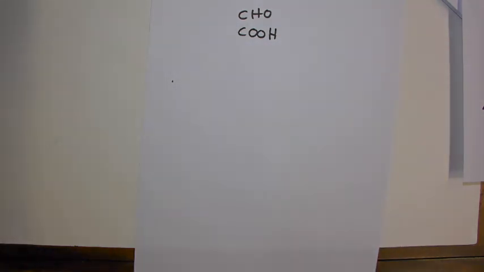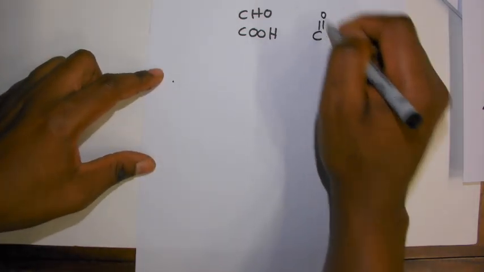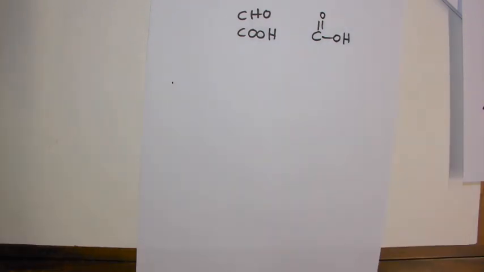Do you understand that means carboxylic acid? Or you can write a carboxylic acid looking like this. All I'm trying to say is carboxylic acids and aldehydes are at the very end of the structure, yes or no? They are not in between carbons. But ketones are found in between two carbons. Do you guys understand that?